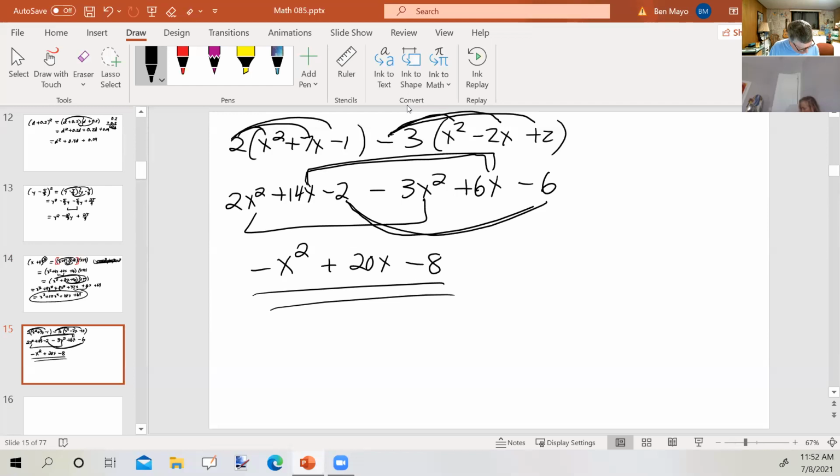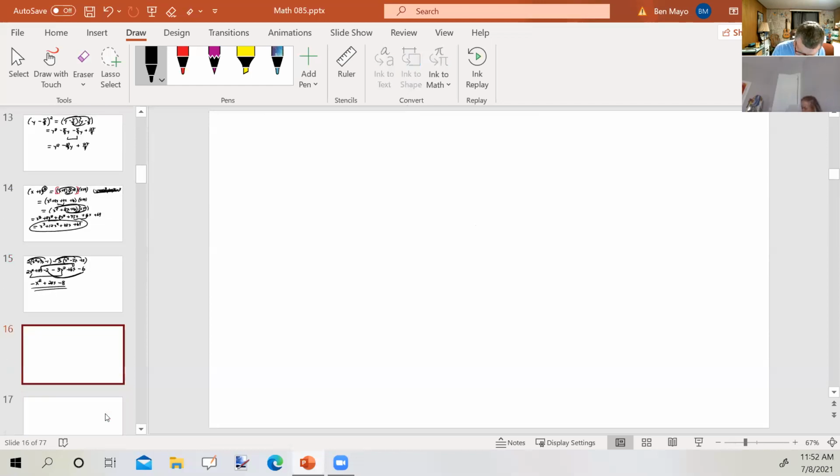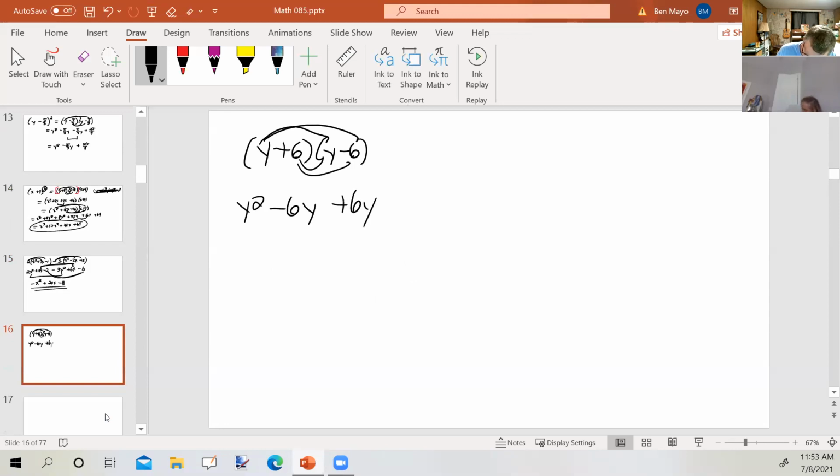How about, let's see here. How about this one? y plus 6 times y minus 6. So we get y squared minus 6y plus 6y minus 36. Combining like terms, the middle two terms cancel each other out, don't they?